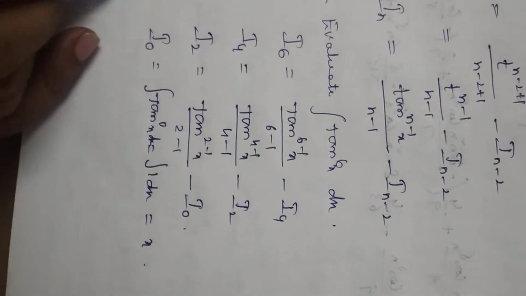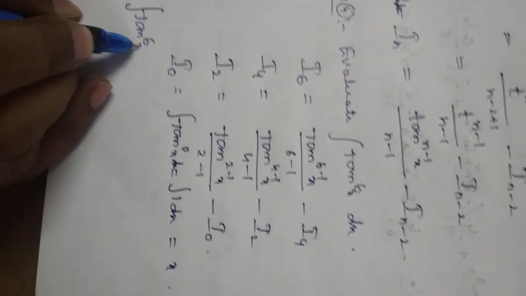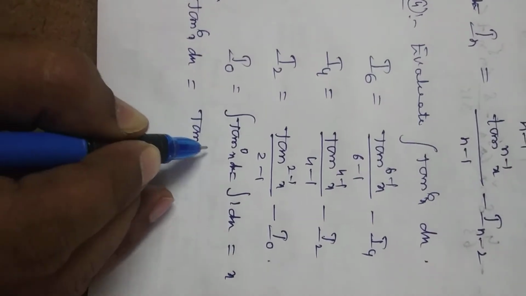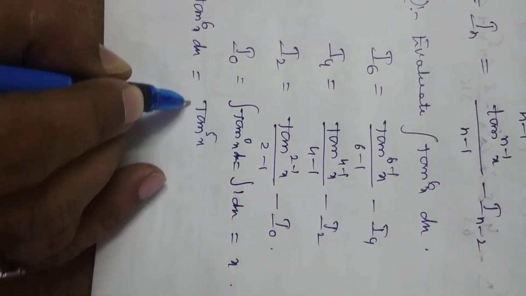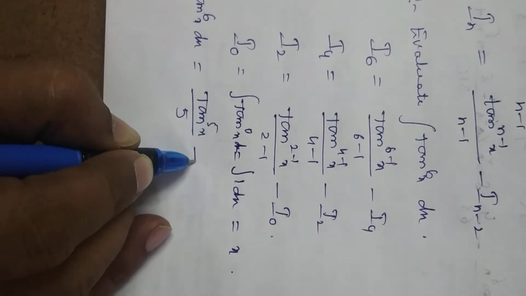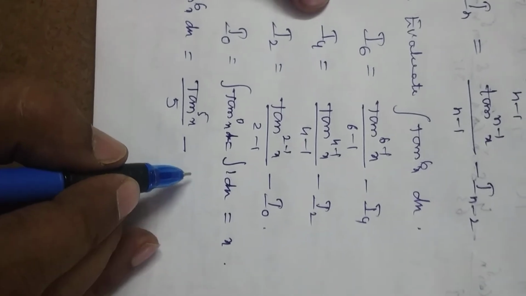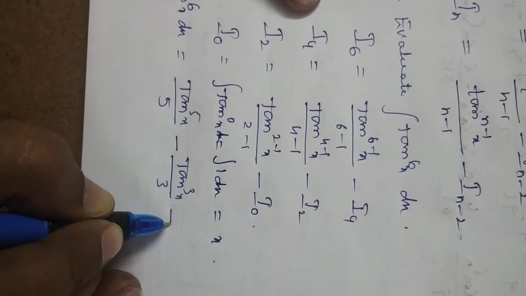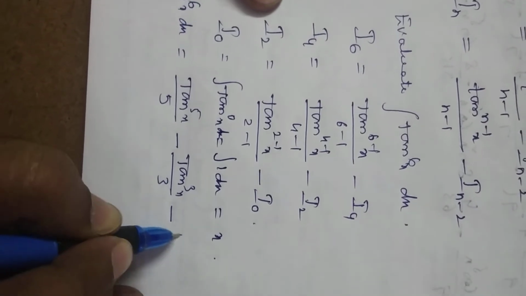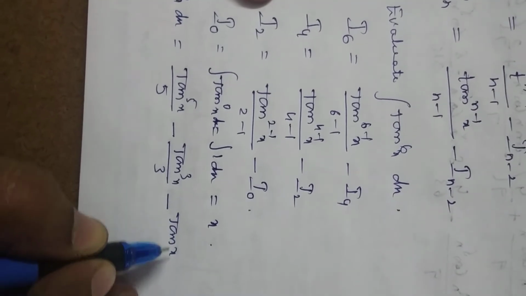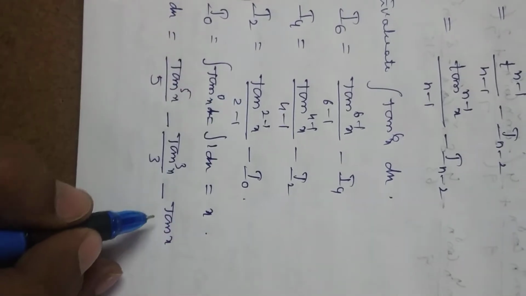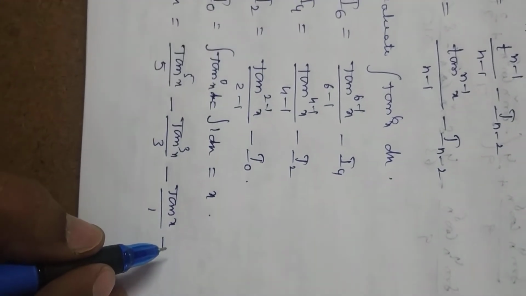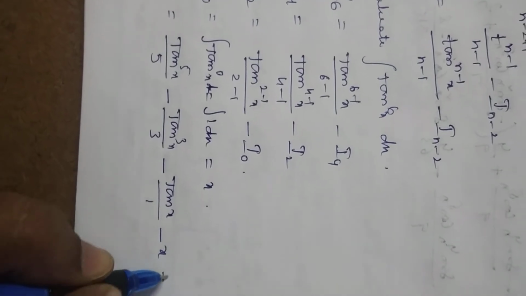So if you substitute, the integration of tan^6 x dx is equal to tan^(6-1), that is tan^5 x by 5, minus I_4. I_4 is tan^3 x by 3 minus I_2. I_2 is tan x, since 2 minus 1 is 1 only, by 1, again minus I_0, which is x, plus c.